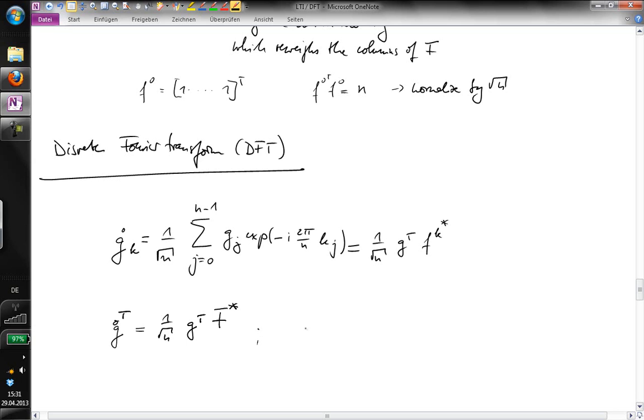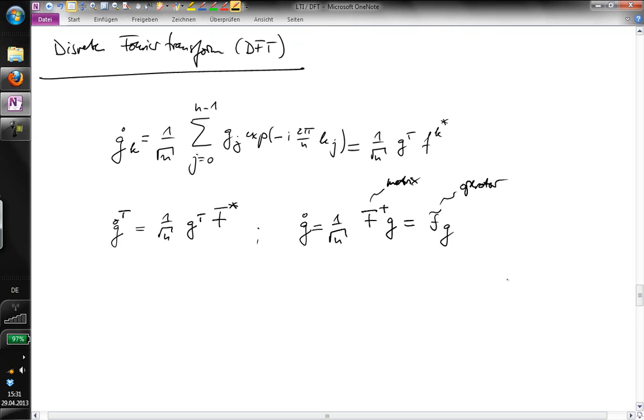But now I want a column vector instead. So I want G. And that is F complex conjugate and transposed, which is the adjoint of F, times G. Which can also be written like this. So this would be a matrix notation, and this would be operator notation. And you see that our operator is just a matrix.